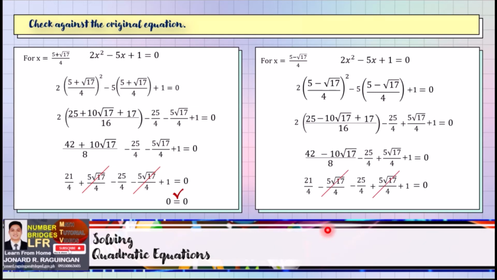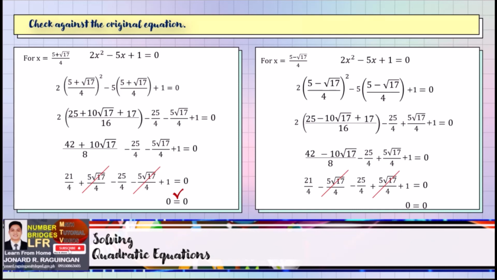Then simplify. 21 all over 4 minus 25 all over 4 is negative 1 plus 1 is equal to 0. As you can observe, the left and the right side of the given equation are equal, and we have a true equation.